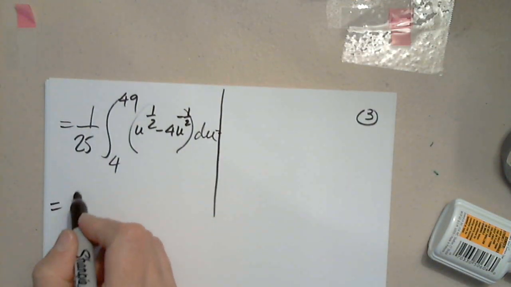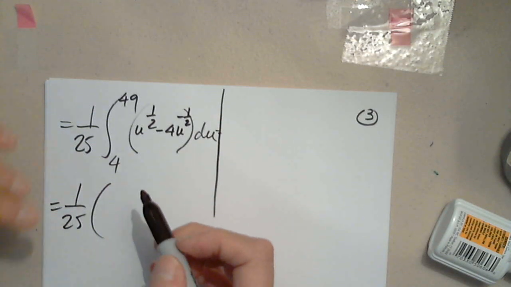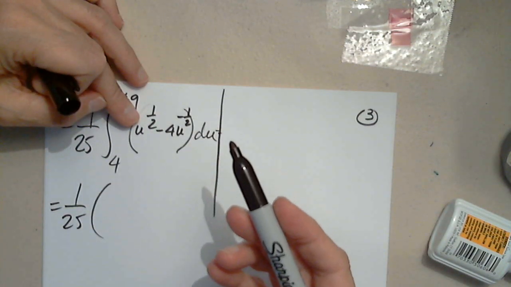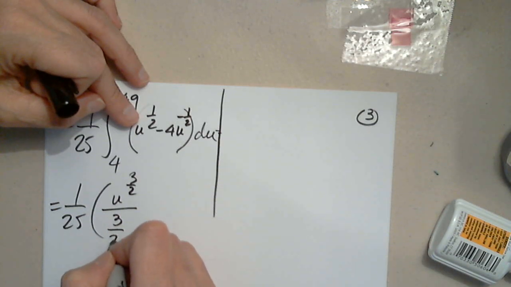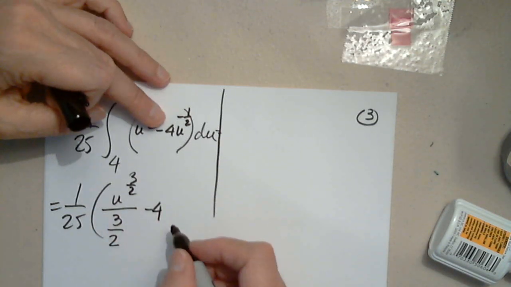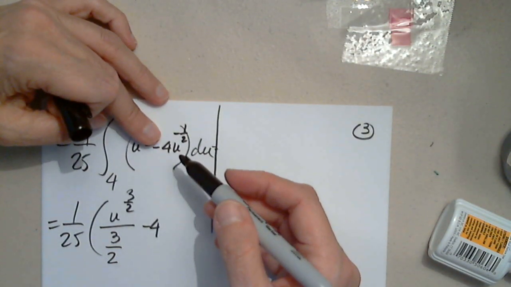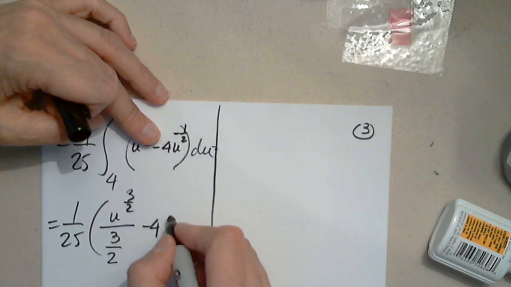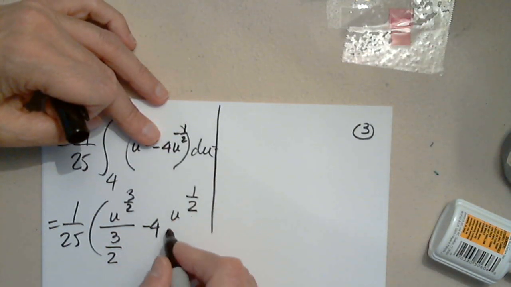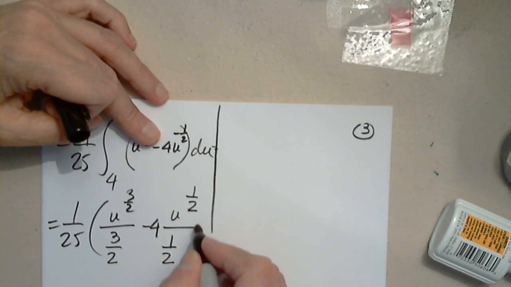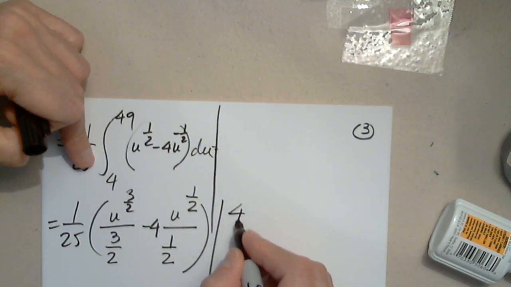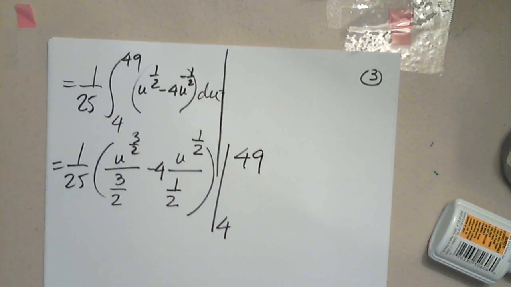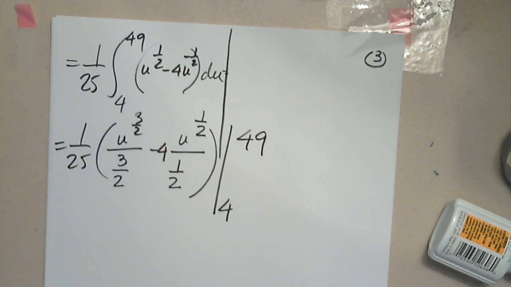So like before, we have 1 over 25, u to 1/2 plus 1, which is u to 3/2 over that number, minus 4, u to negative 1/2 plus 1, which is 1/2, over the same number, but this time this is a definite integral, so it's from 4 to 49. Before I plug in those numbers, I would like to clean it up a little bit.